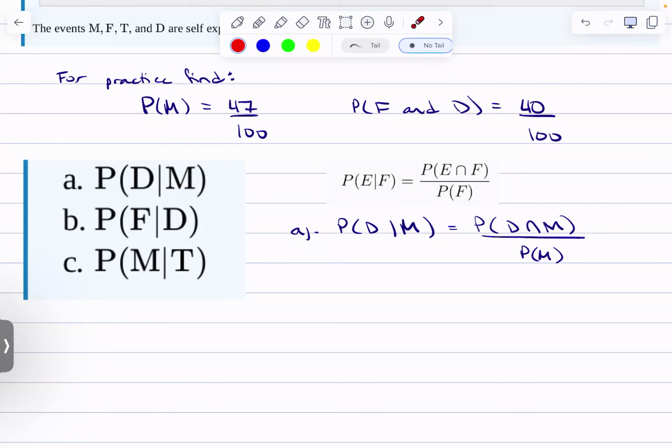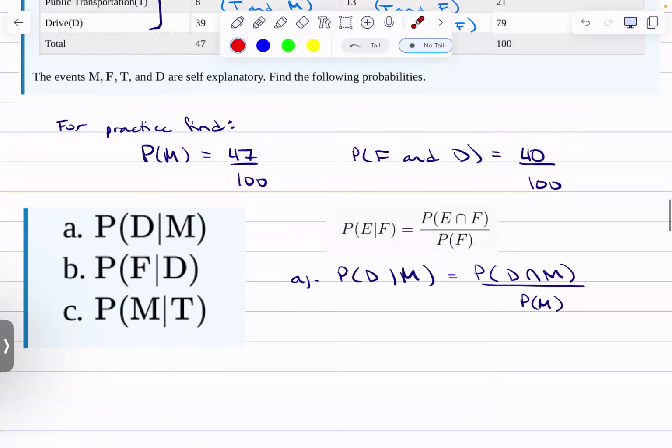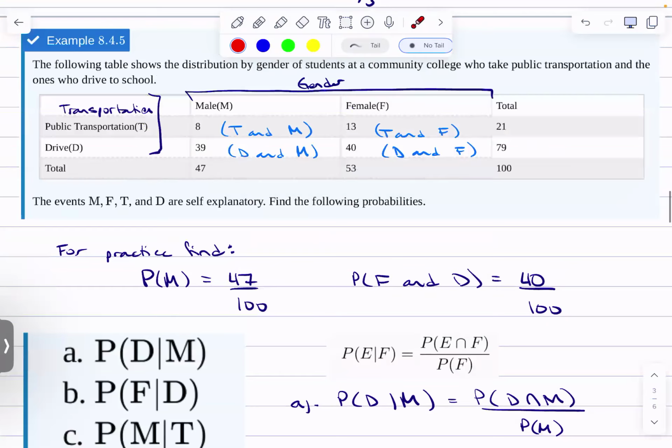So from the table, I need to find the probability of D and M, as well as the probability of M. The probability of D and M, right, so they have to drive and be male, is 39 out of the total 100.